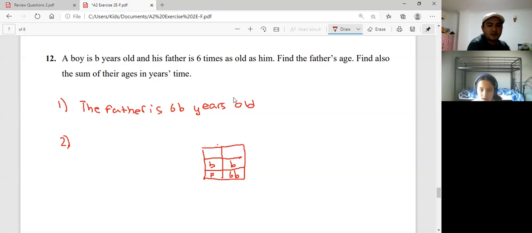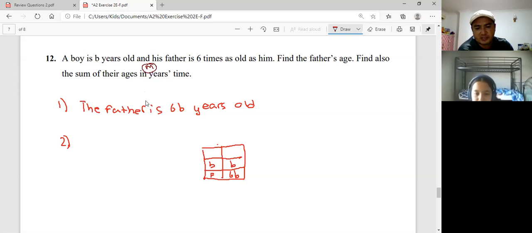Find also the sum of their ages in years time. But here, Shahina, something is missing. Can you just think that here we have m years time? How do you answer this question? M years time means after m years. What will be the sum of their ages? After m years, what will be the boy's age? It is b plus m.